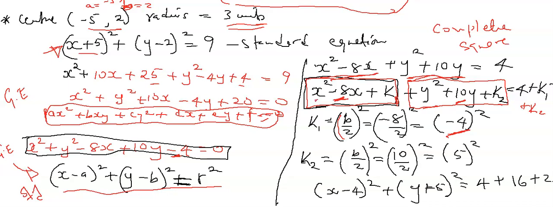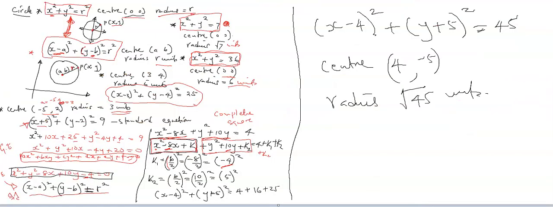Note that the coefficient of x squared is 1, and the coefficient of y squared is 1. And therefore, we shall have k1 as negative 4 squared, and k2 as 5 squared. Note that we have completed the square, because x squared minus 8x plus negative 4 squared can simply be written as (x minus 4) squared.